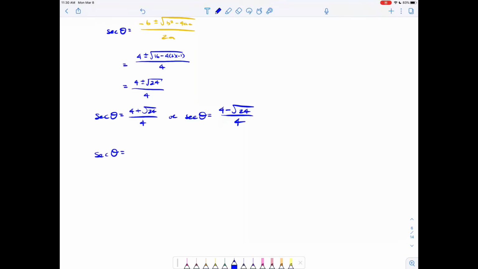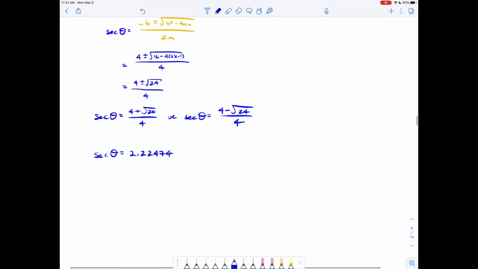So 4 plus root 24, divided by 4, I get 2.22474-ish, say.